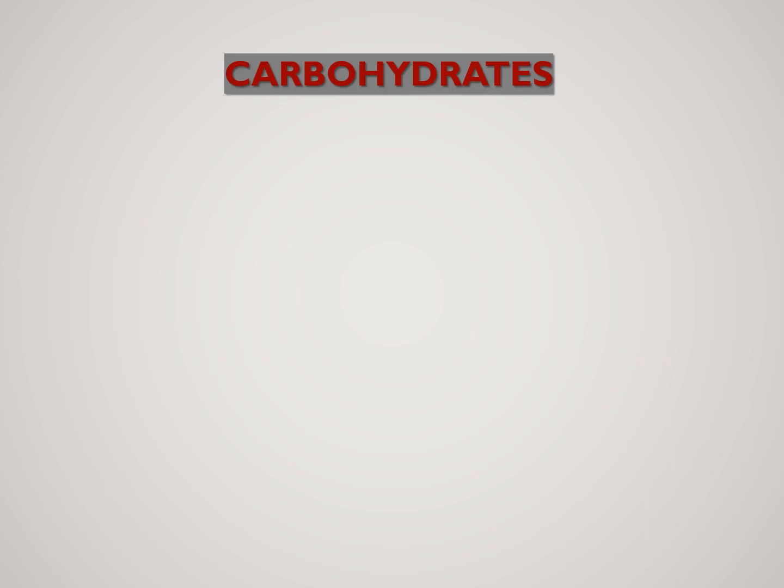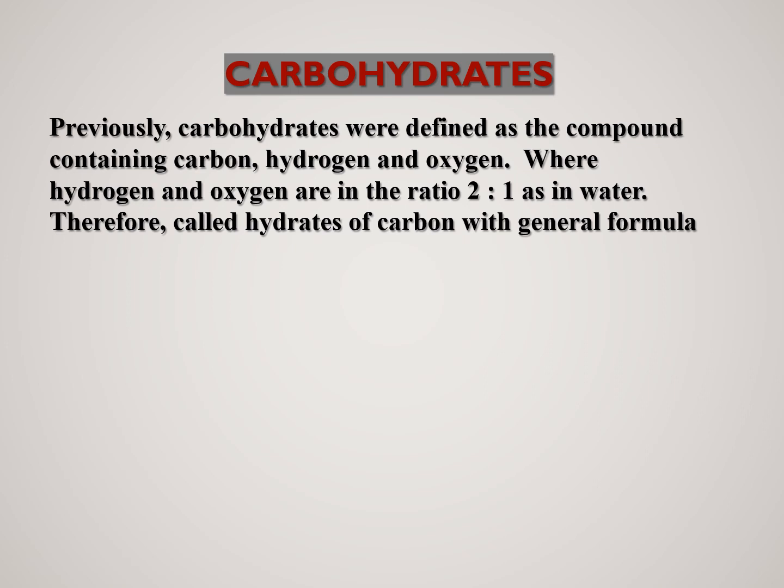Let us now focus on the most abundant biomolecule on planet Earth, carbohydrates. Historically, carbohydrates were defined depending upon the ratio of hydrogen and oxygen atoms found in their molecules as 2:1, which is very similar to the ratio found in water.